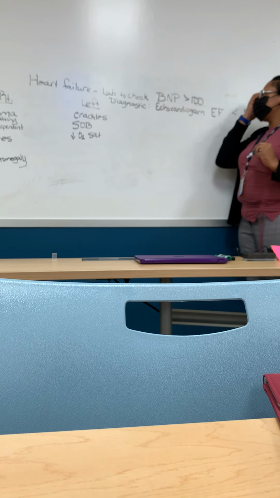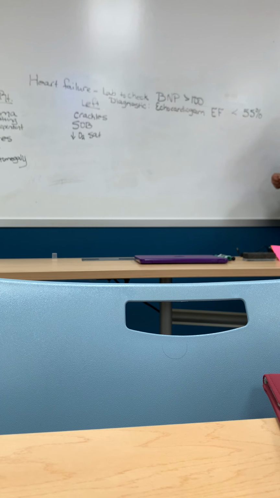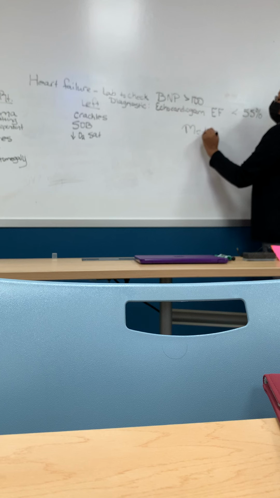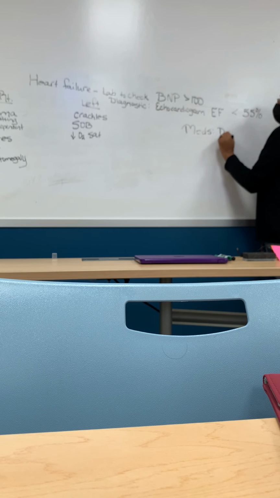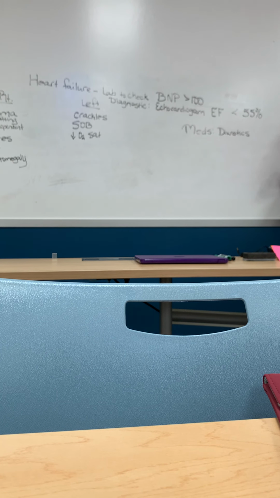How do we treat these patients with heart failure? What medications are we going to give them? We are going to give them diuretics. Right is systemic, left is pulmonary, right? Left, lungs. So we're going to give them some diuretics to treat them. The main diuretics that we use are usually loops, so your furosemide.